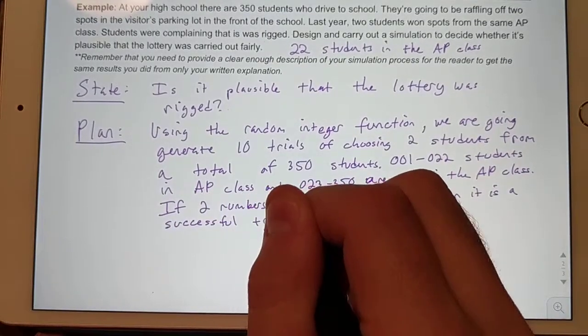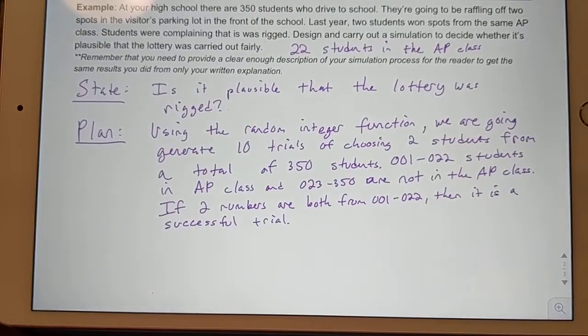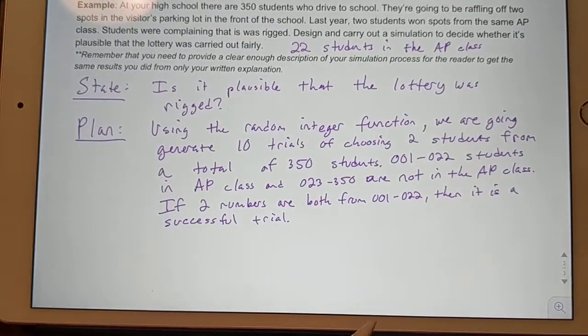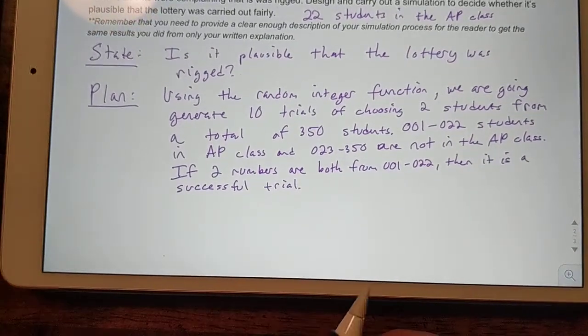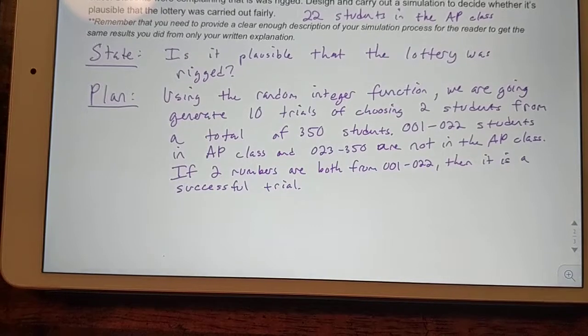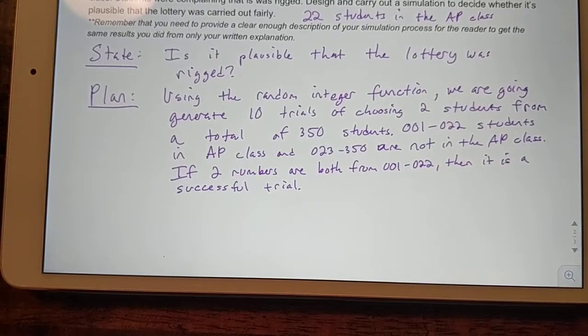And if not, it's an unsuccessful trial. I went ahead and went through the process of doing this just to make the process go quicker here. Use the random integer function in our calculators to generate 20 numbers because we need 10 pairs of numbers.